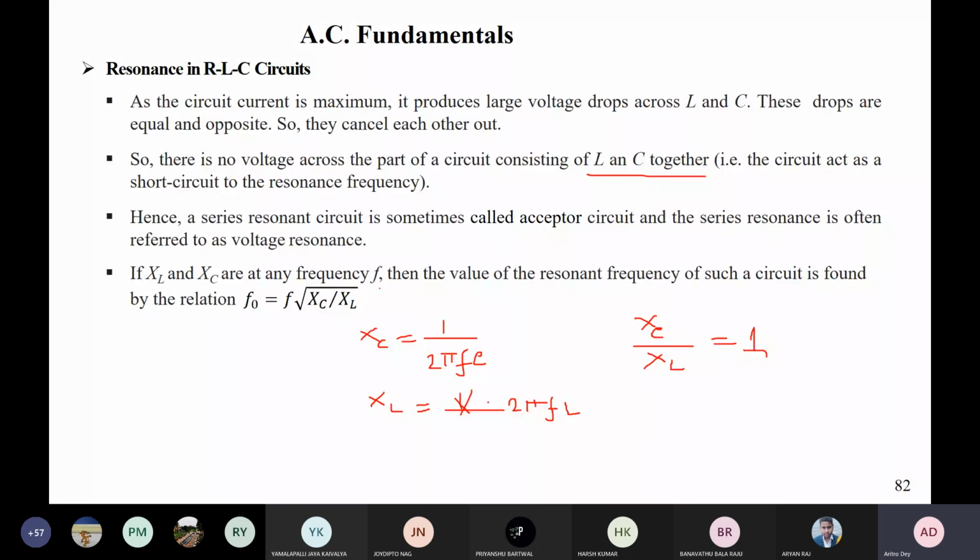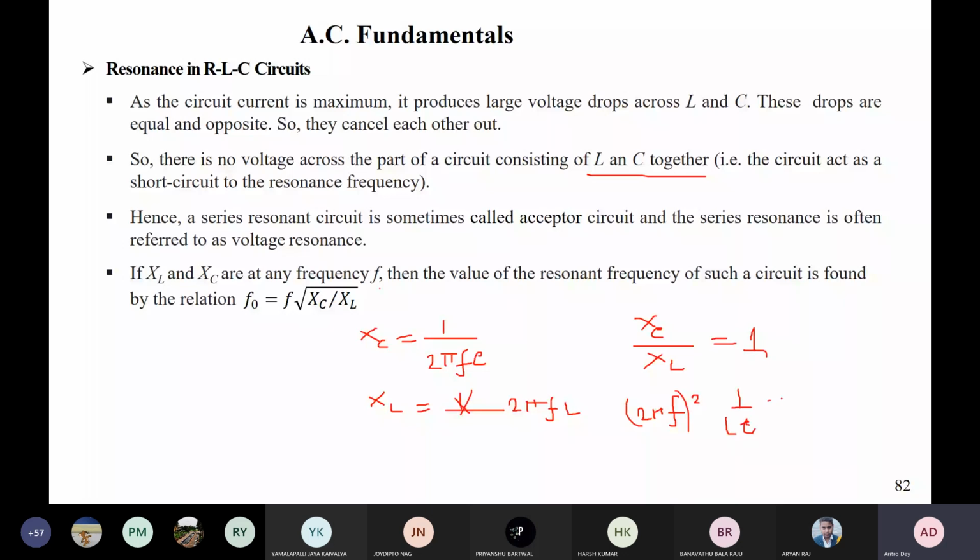So we can write it as f square, 2 pi f whole square, into 1 by LC is equal to 1.